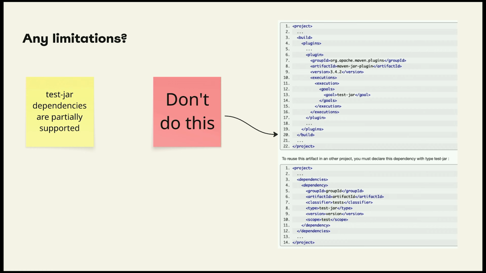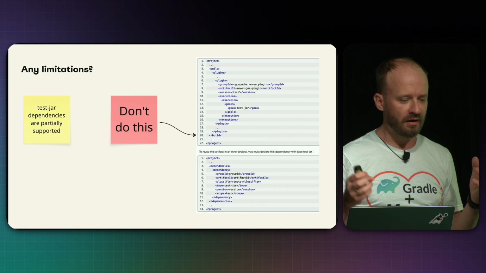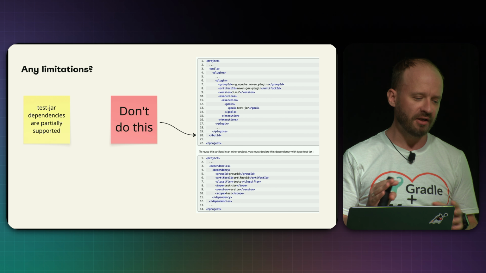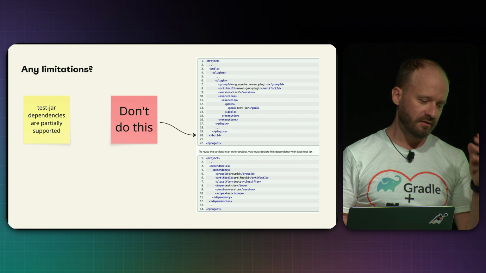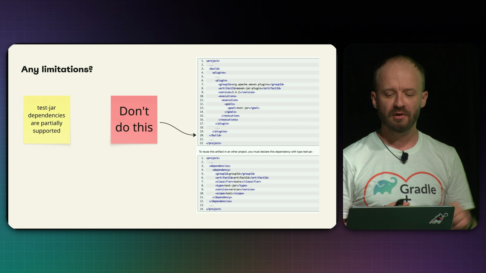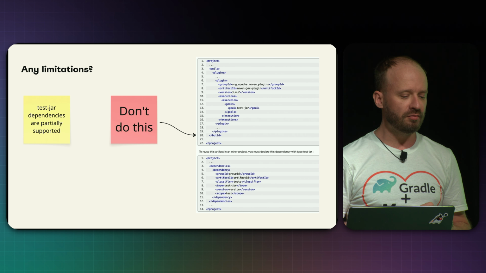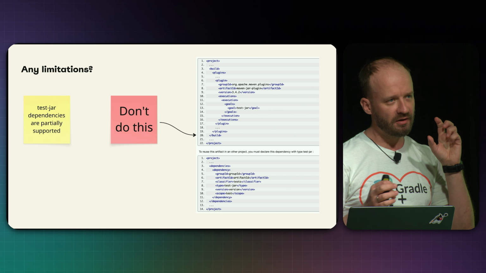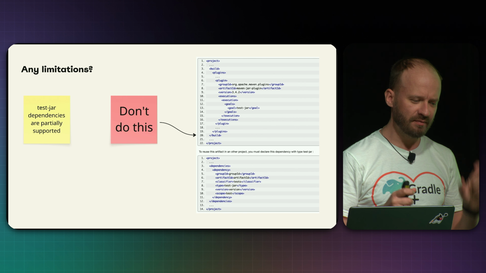For sure, there are some possible issues, and one of the problems is the so-called test jar dependency. If you don't know test jar dependency, it's a way to declare a dependency on src/test of another module. I'd strongly recommend not to do this, but it is also possible using Maven Turbo Builder, just the optimization is a bit smaller here.